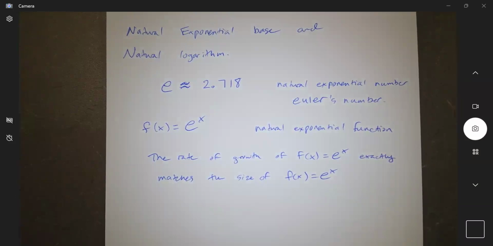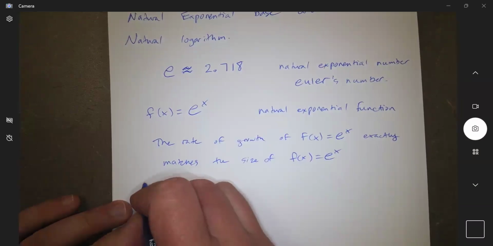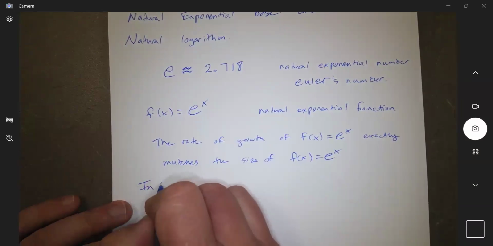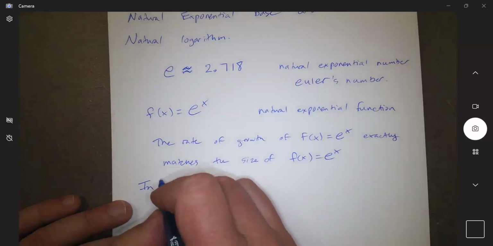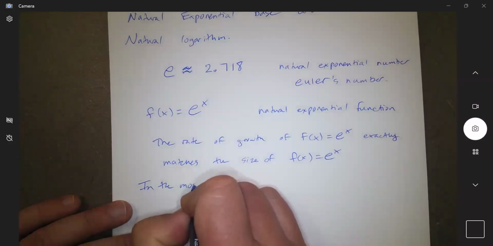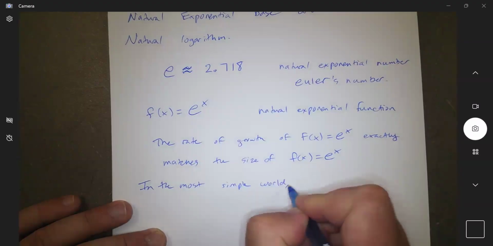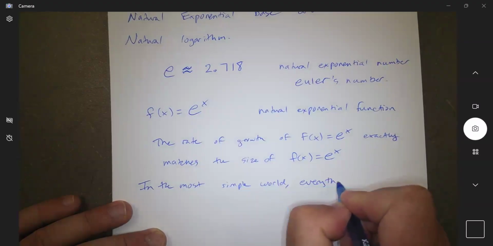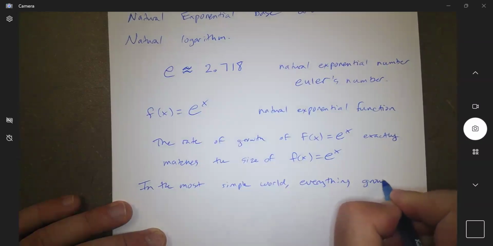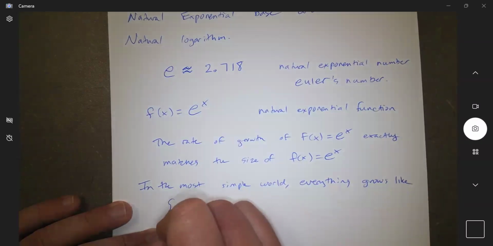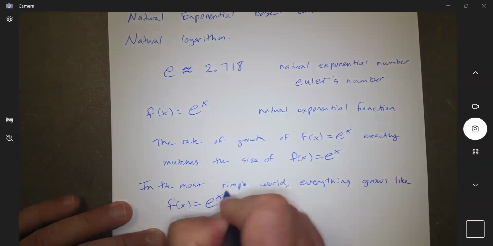And that makes it very special because in the end, in the most simple world, everything grows like e to the x.